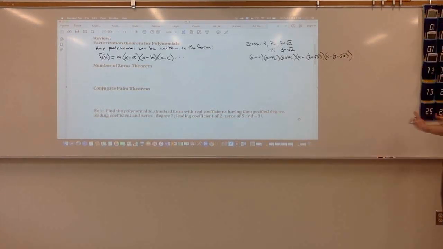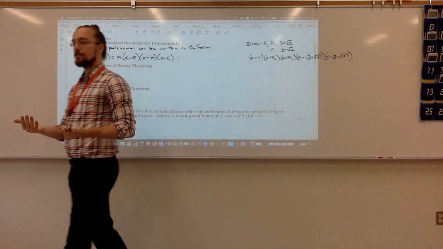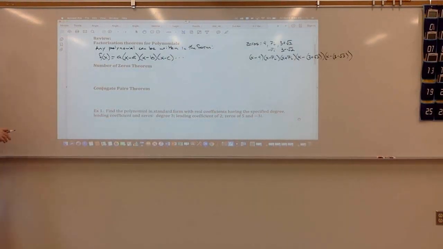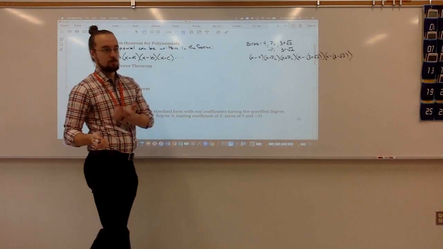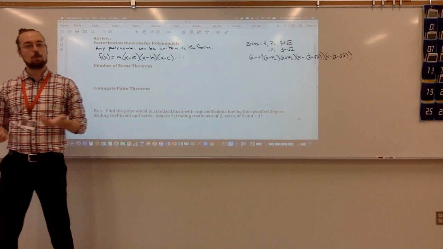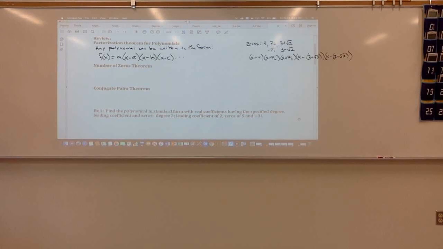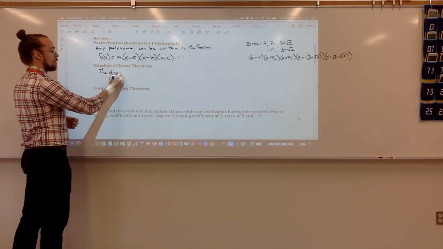Okay, so I can write any polynomial as a list of its factors being multiplied together. Whether those are real numbers, imaginary numbers, rational, irrational, any polynomial can be written in this form. The number of zeros theorem just says that the degree of a polynomial tells us how many zeros it has.